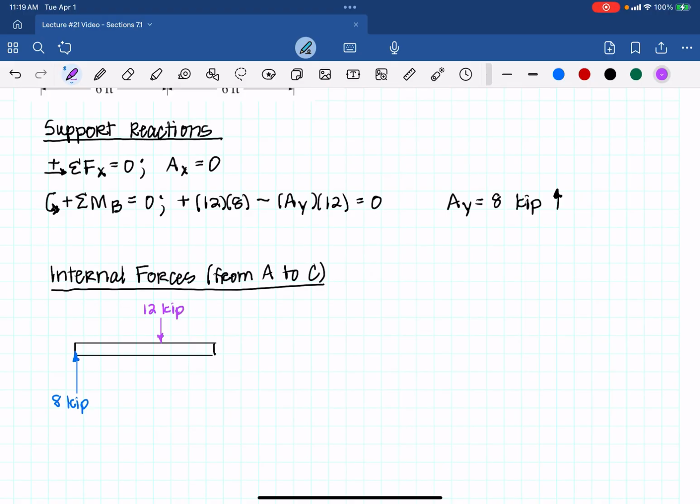And then I've got my reactions for the internal forces. Now I'm drawing from the left side, so my normal force is going to be going to the right. So that's my normal force at C. Now I'm drawing from the left, so my shear force is going to be going down.